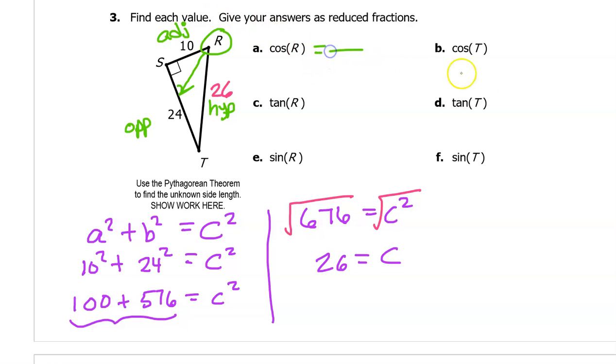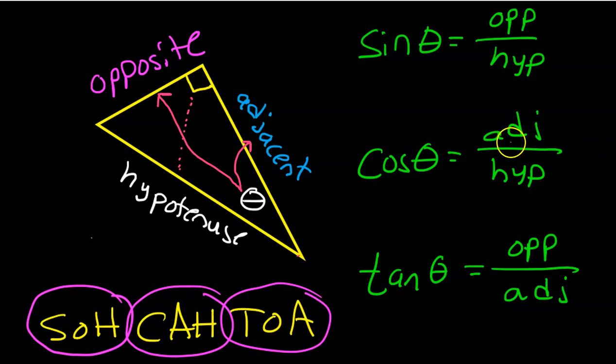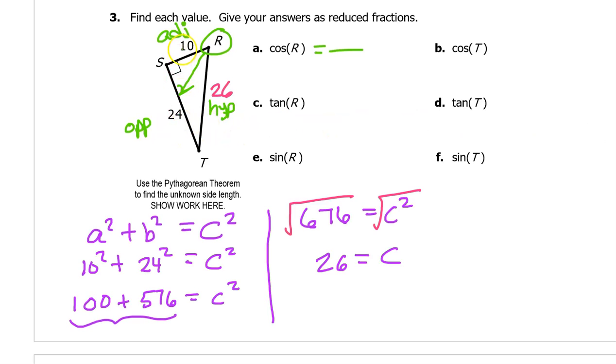Okay, so cosine is adjacent over hypotenuse. So that'll be 10 over 26. But this reduces, if we divide by 2, that's going to give us 5 over 13.